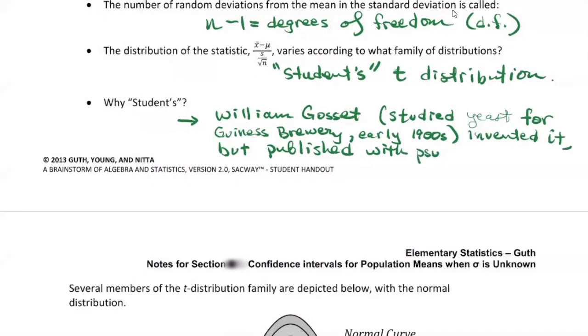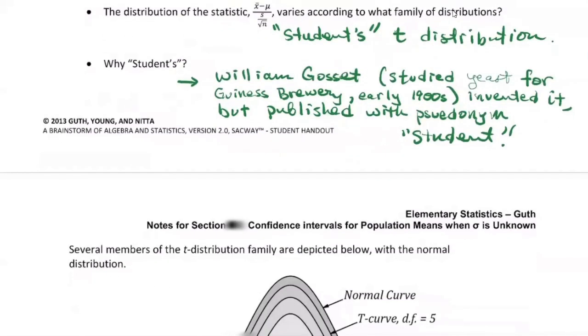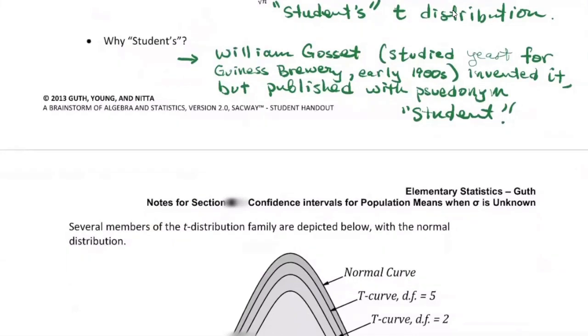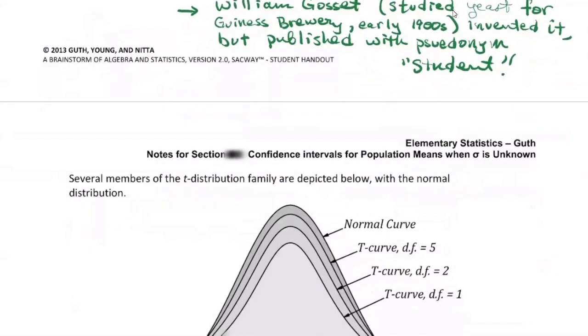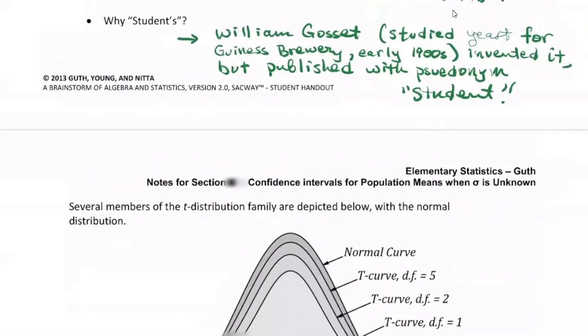How do you spell pseudonym? Pseudonym, I hope. Student. The company, it's just one of those things, when you do work for a company, they own your work. And they didn't want him taking credit for it, even though he did it, they owned it. Not unusual today, still. Okay, any questions?